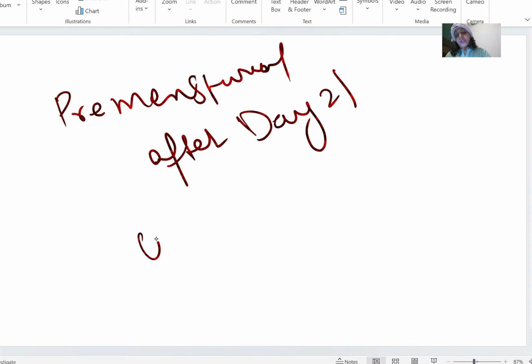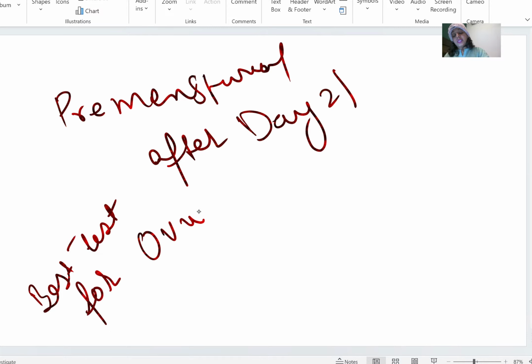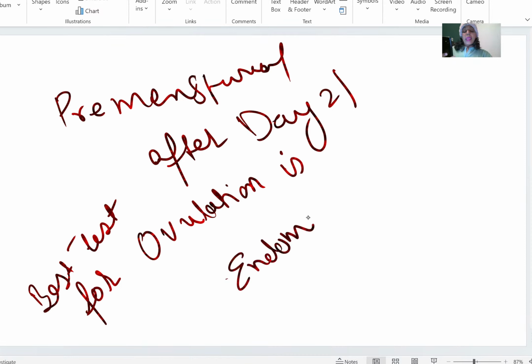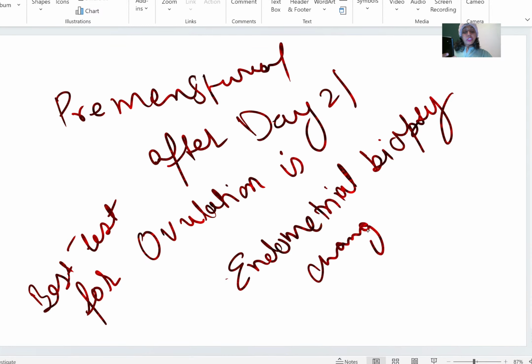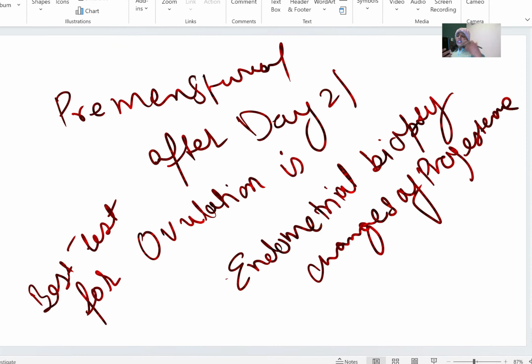The best test for ovulation is endometrial biopsy, to see the changes of progesterone, to see what the progesterone has changed.